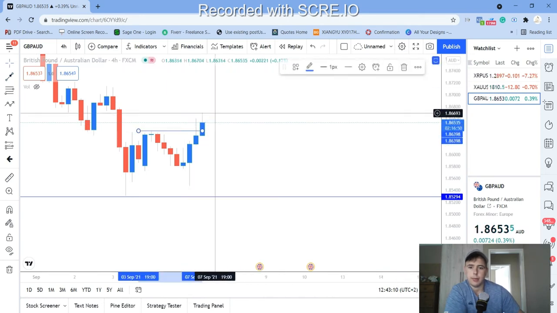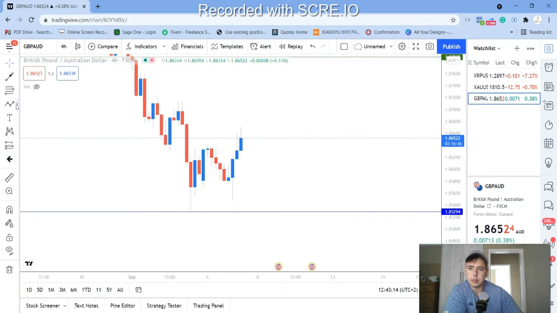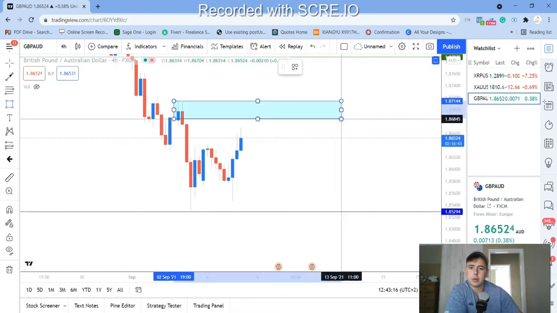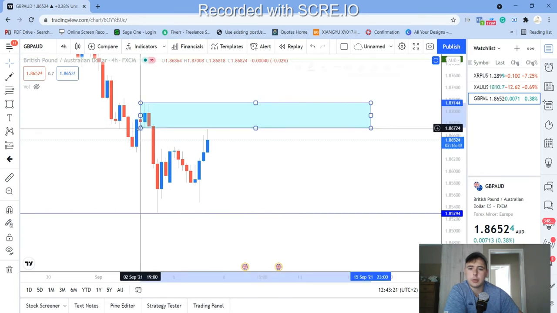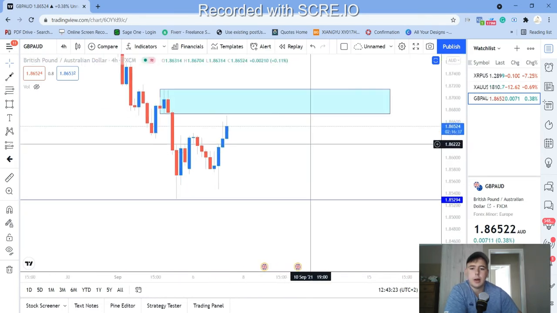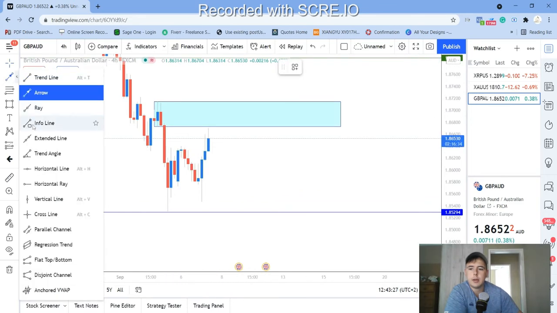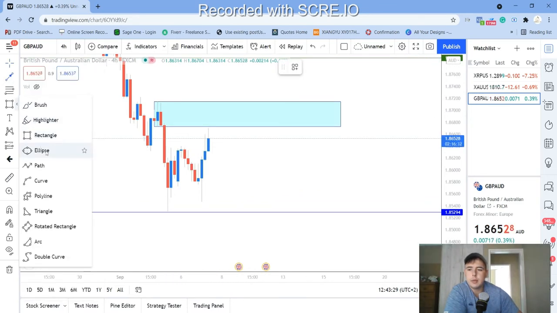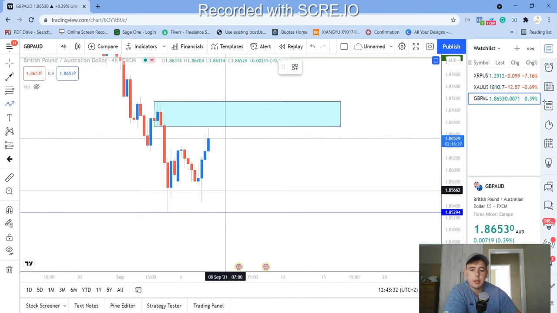But a key level for me that I'm looking at for sales would be this level right there. And we are almost tapping into it right now as we speak. The reason why I'd look for sales there is it's a better chance to trade the impulses than the retracements, because you never know when the next impulse is going to happen.